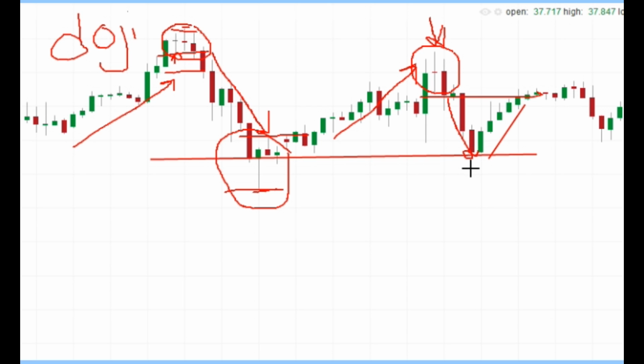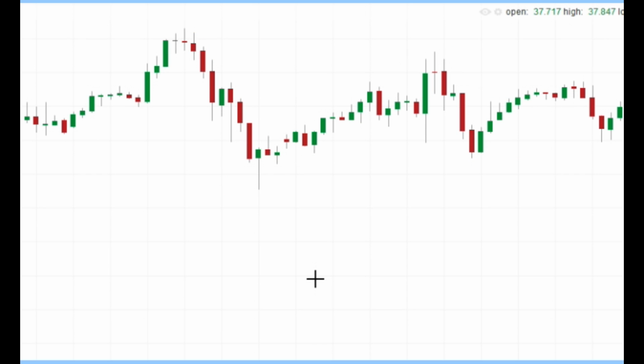But you can see from a very simple price action perspective, you could have gotten one trade, two trades. Let me get my pencil. So you could have gotten one trade over this level here, two trades over this level here, and then three trades over this level here.